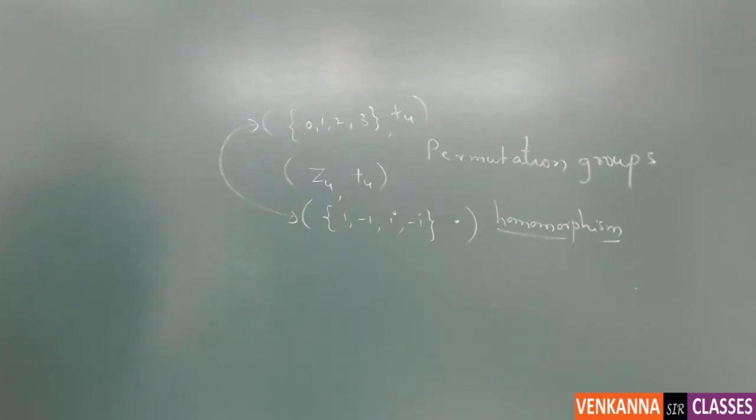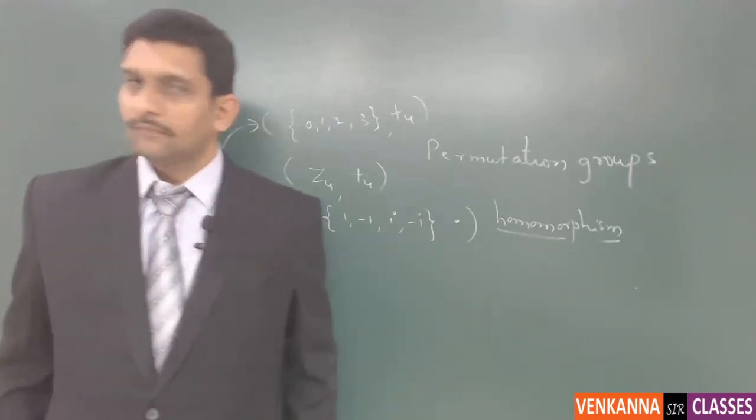So always one fundamental property here is we always pair the identity with identity. Now tell me, in the first set, what is the identity element there? 0.